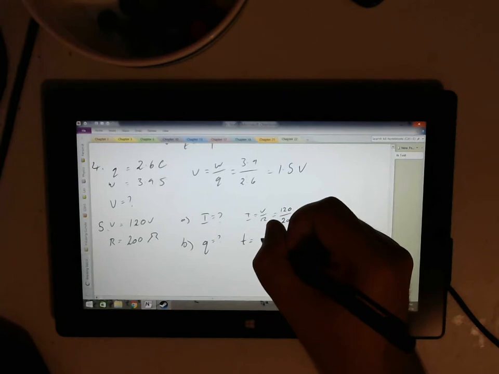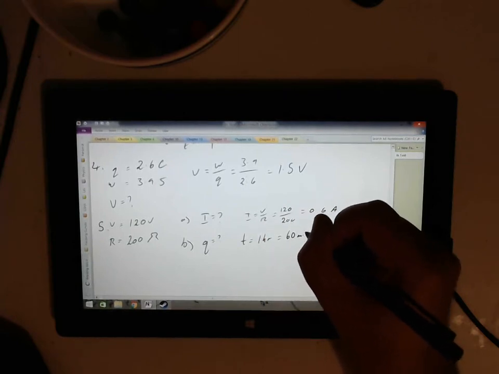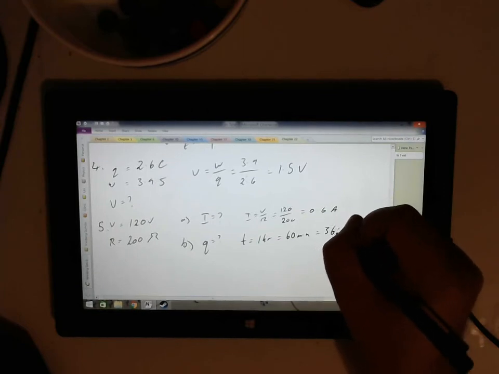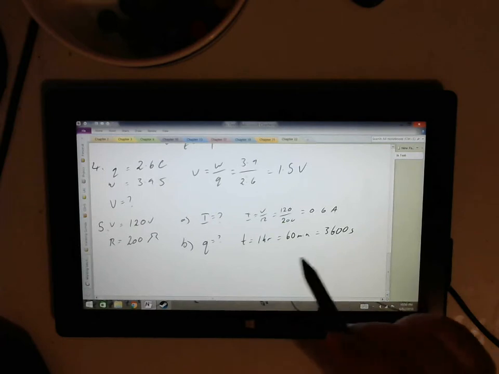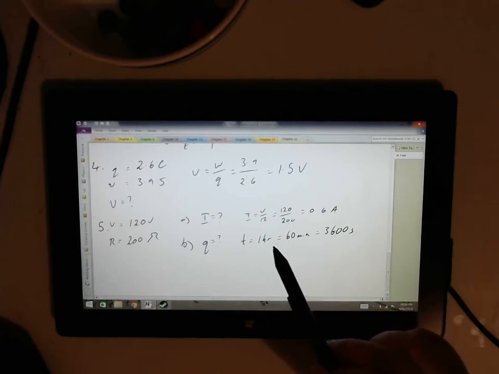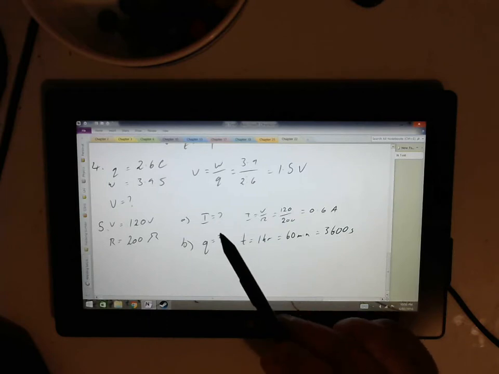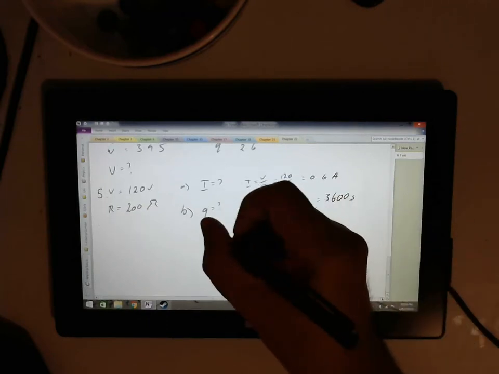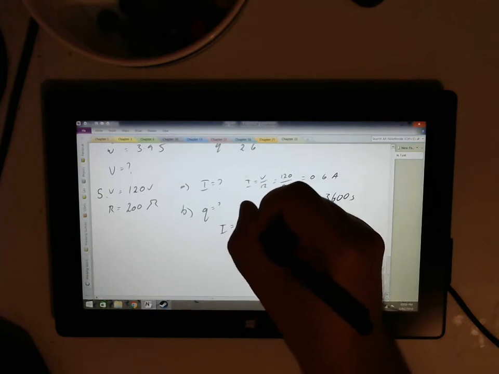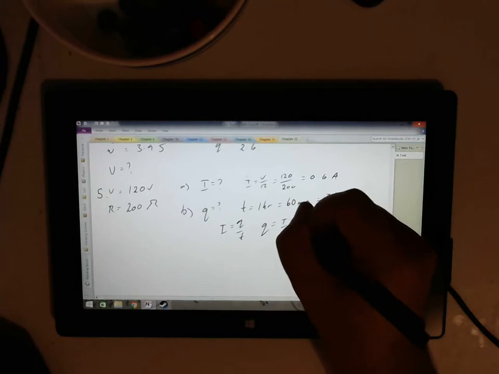So time in this case is going to equal 1 hour, which equals 60 minutes, which equals 3,600 seconds. Got to convert it to standard units. So we've got T, we're chasing Q, so we're probably going to need I. Remember our formula, I equals Q over T. So Q equals I times T.